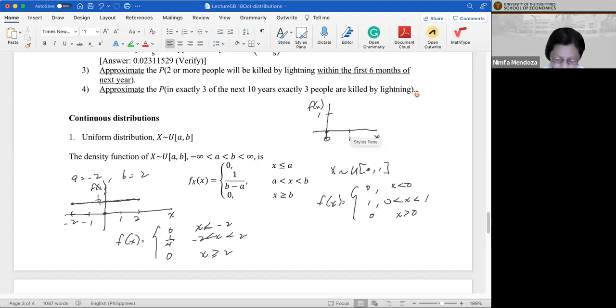Note that this is f of x. Beyond 2, f of x is 0. So that is the uniform distribution.